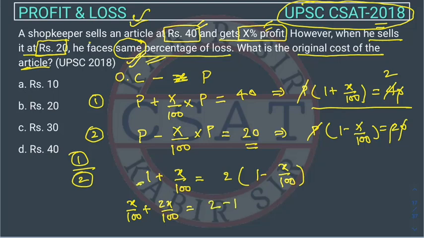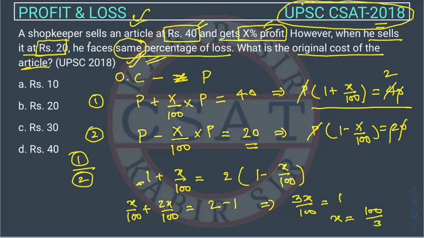It becomes 3x upon 100 is equal to 1. So X is equal to 100 by 3.